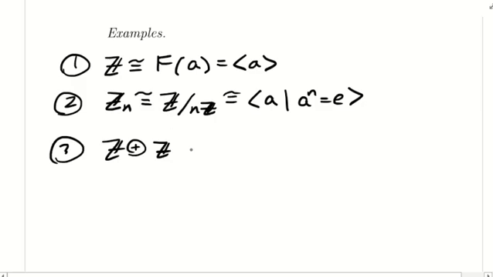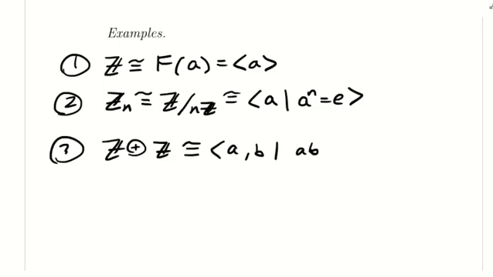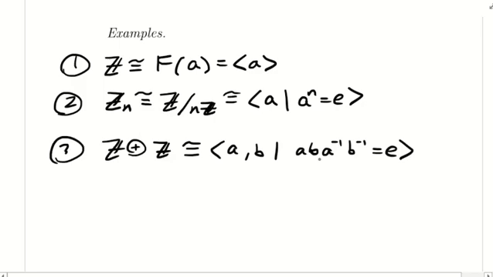There actually is a relation here, and that would be that AB equals BA, that it's an abelian group, okay?